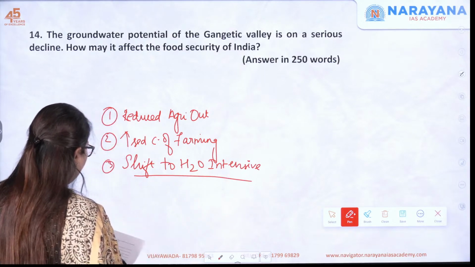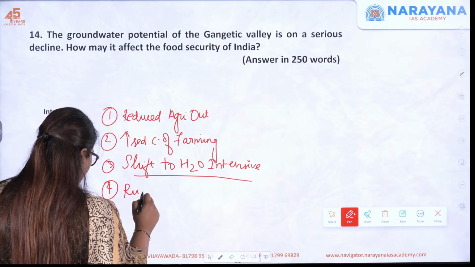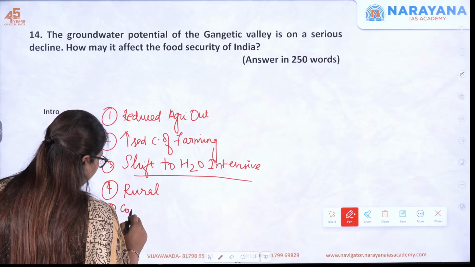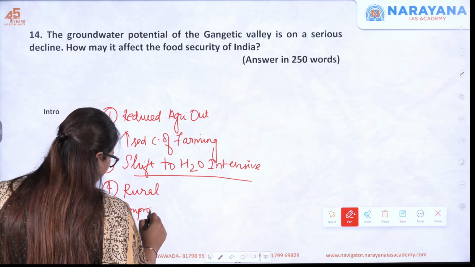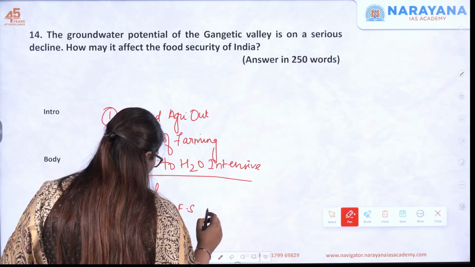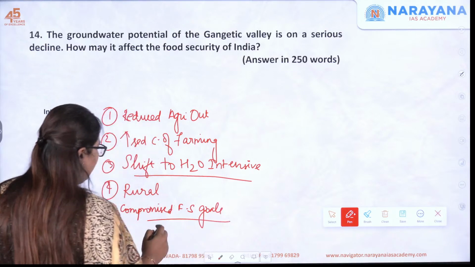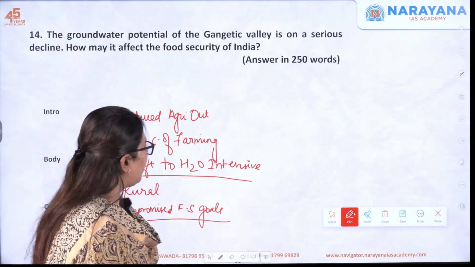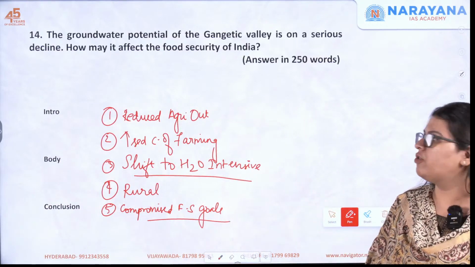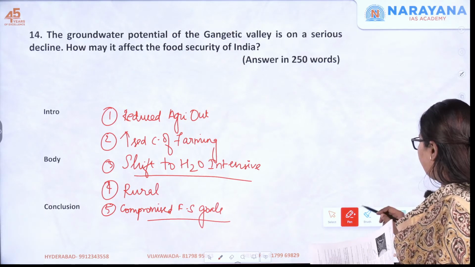The next one can be, there can be impact on livelihoods, especially in the rural areas, and also there will be compromised food security goals. So these can be the outcomes or the impact on India's food security because of inefficient or over extraction of groundwater. So this can be the answer for this.